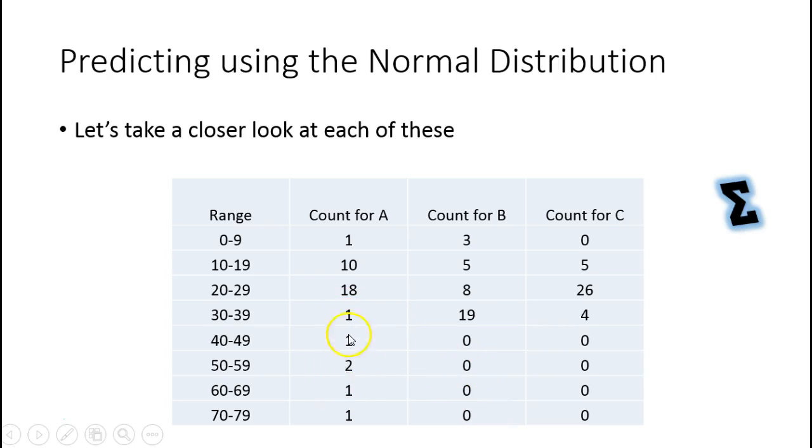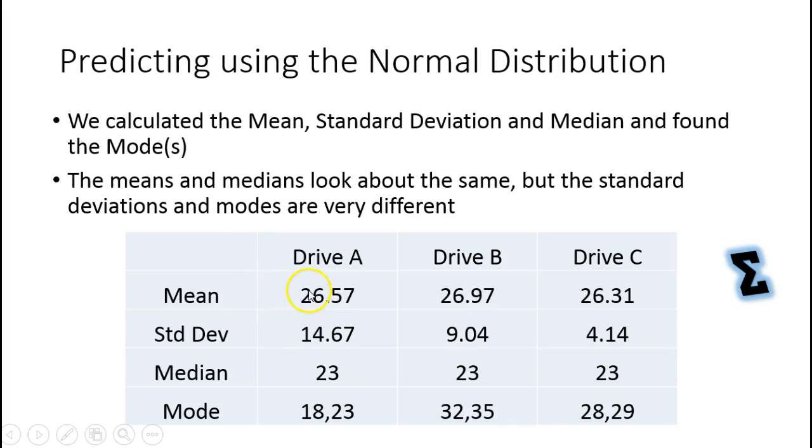Whereas in A, I've got some values way out there. For C, it looks like my values are mainly in the 20 to 29, with a few in 10 to 19 and a few in 30 to 39. So you can see the data is definitely different, but as noted before, the means are all very close together.